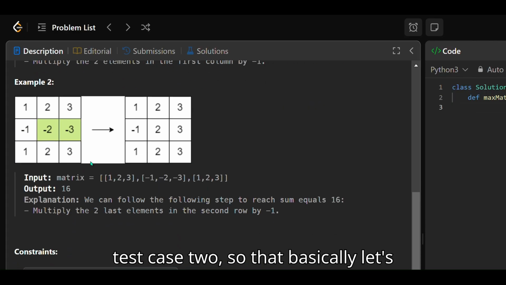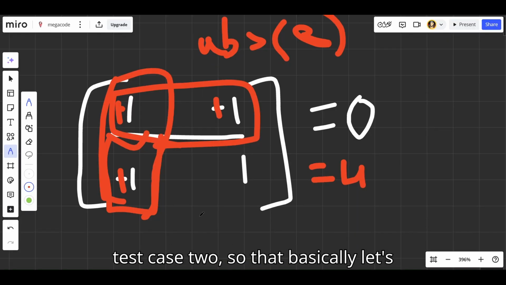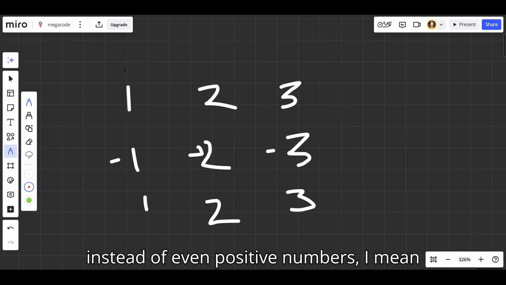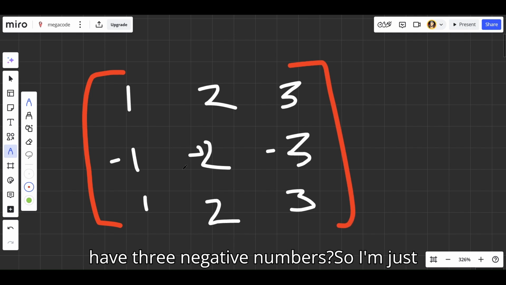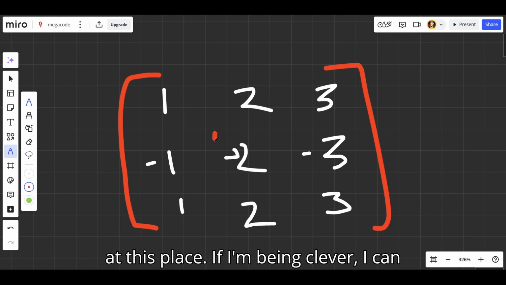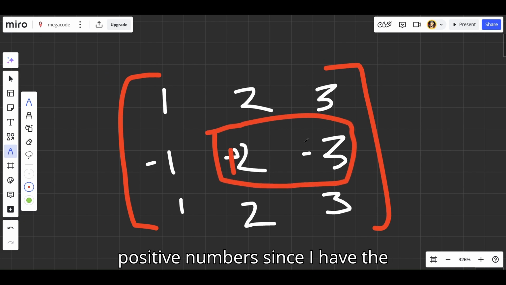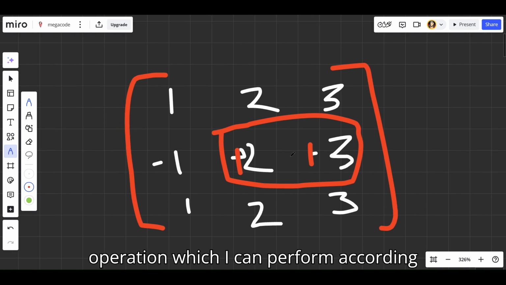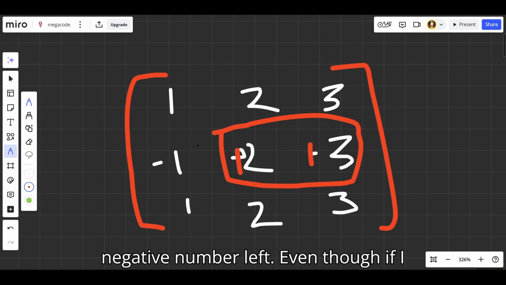Example 2, test case 2. So let's just consider, what if in our matrix, instead of even positive numbers, I just gave you the hint. Now what if I have three negative numbers? So I'm just right at this place. Let's say I'm right at this place. If I'm being clever, I can simply turn this into two positive numbers since I have the operation which I can perform according to the question, but there is one negative number left.